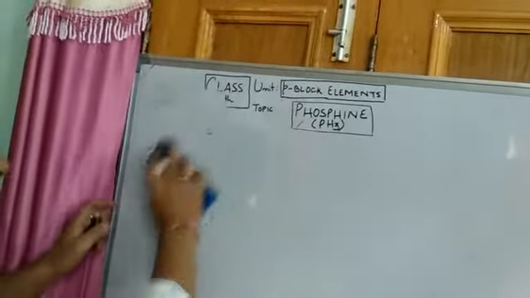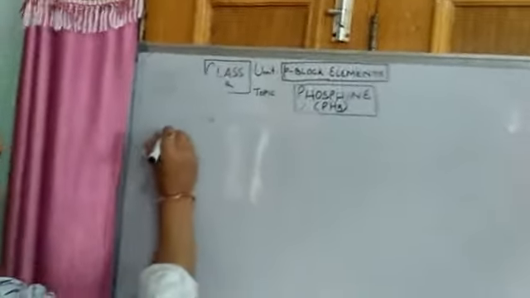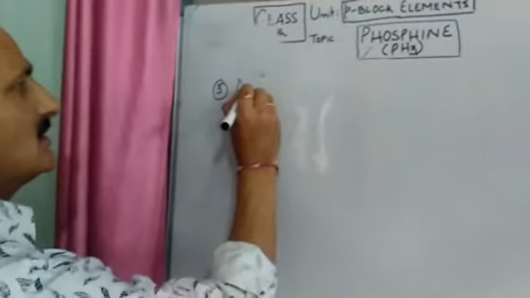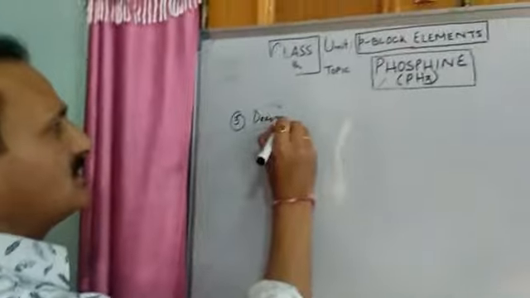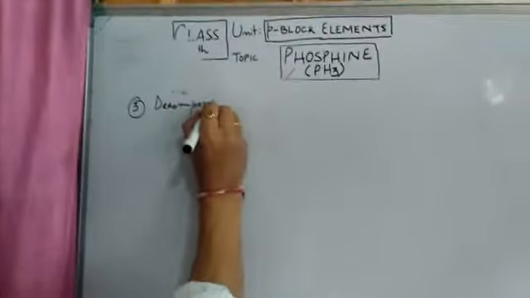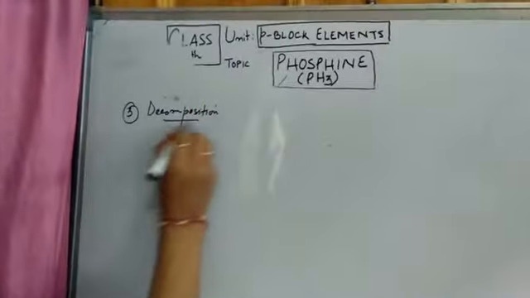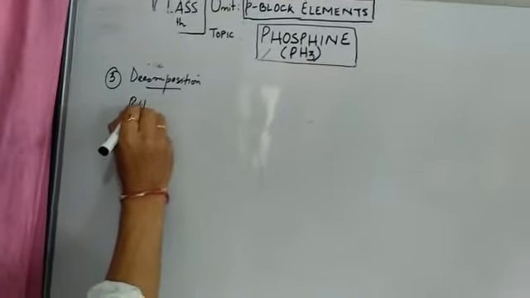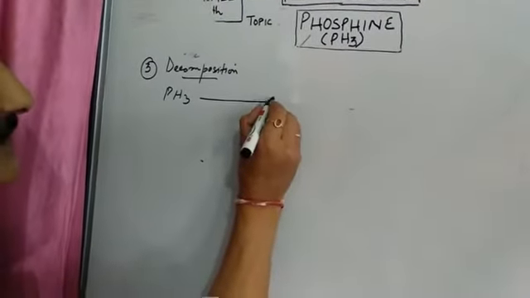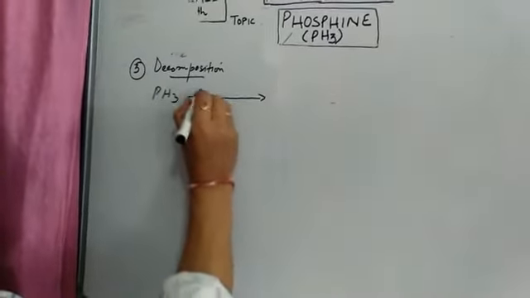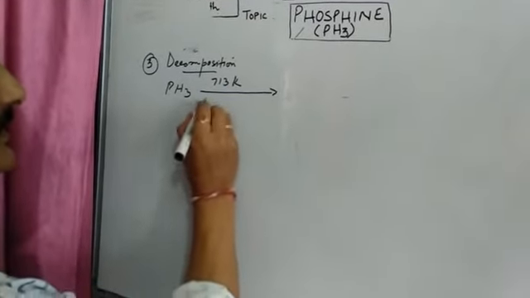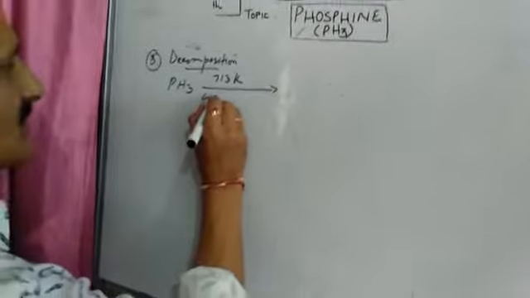Then let us move to its decomposition, that is its breakup. Phosphine undergoes thermal decomposition, that is it decomposes on heating at a temperature of 713 K in the absence of air.